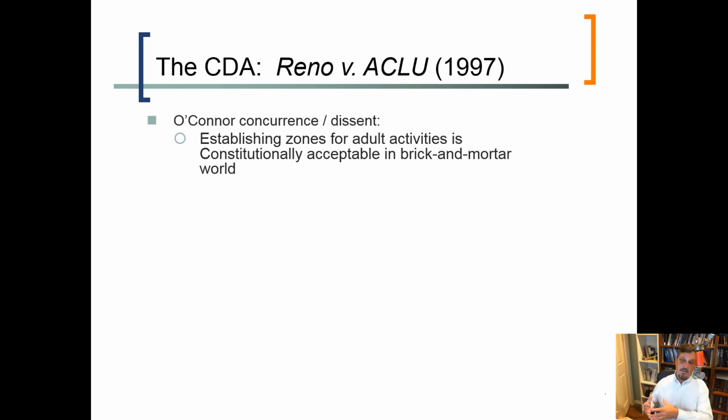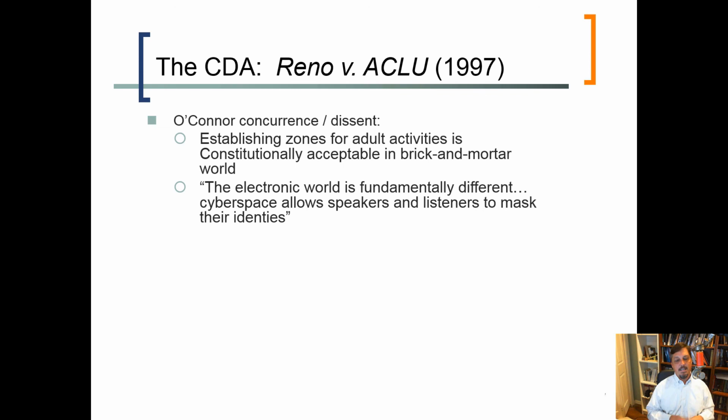So, even if it might not be possible in a particular area to completely ban all pornographic literature or pornographic movies under the Miller test, you could zone and say you can only buy those things in the red light district. And those kinds of zoning regulations, generally the court had upheld, unless they're really just kind of subterfuge for banning the material, but generally the zoning regulations are upheld.